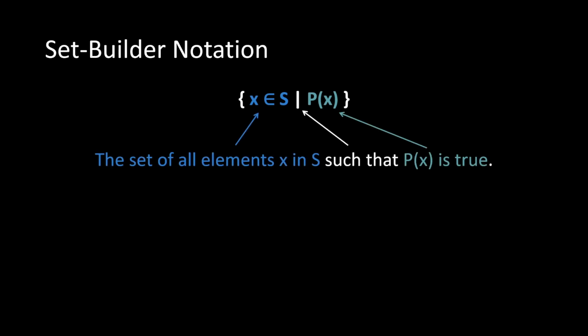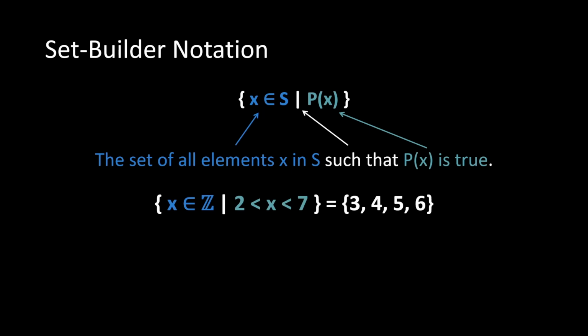Okay, now we can start talking about set builder notation, which is a bit different from set roster notation. Set builder notation will look something like this. We have the set of all elements X in S, such that, that's what the vertical line means, P of X is true.